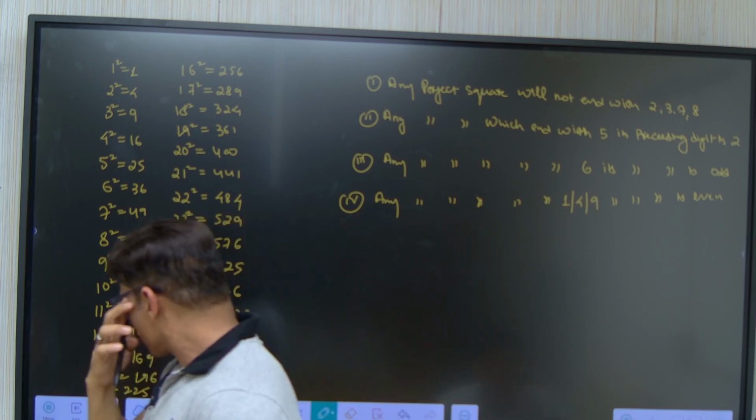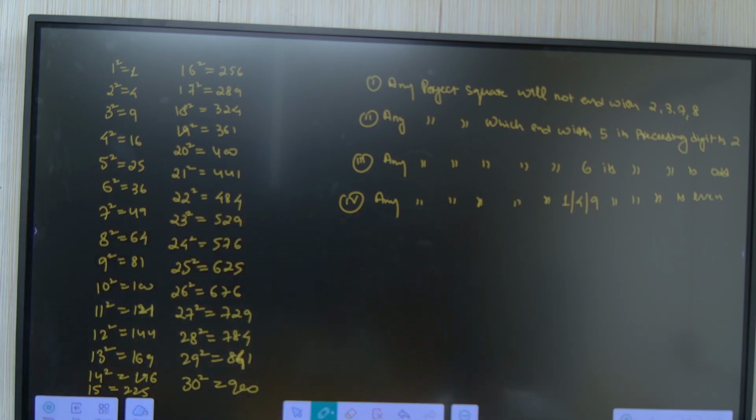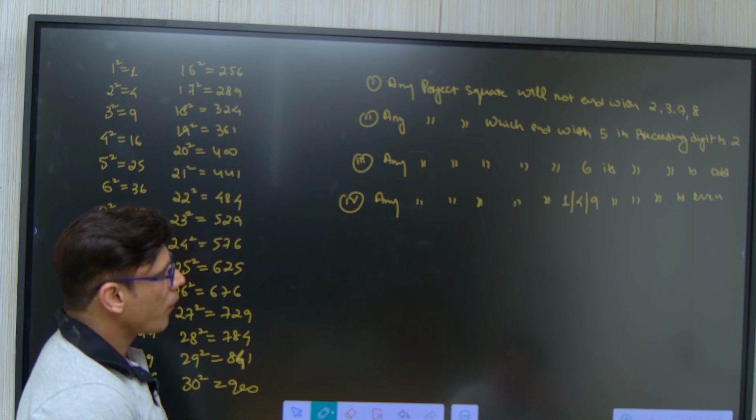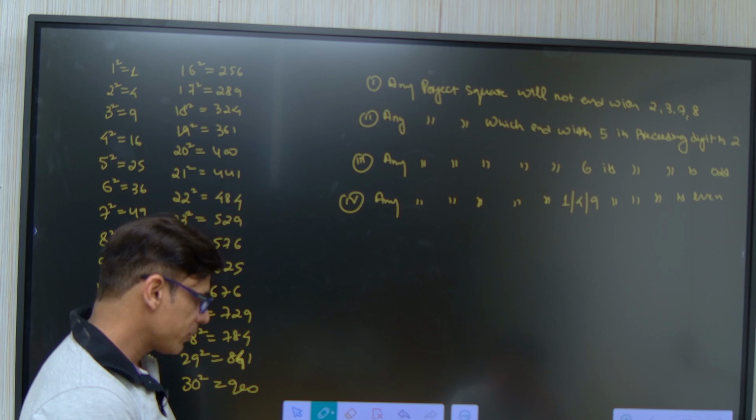So if a perfect square is ending with either 1 or 4 or 9, the preceding digit must be an even number. Right? These properties will help you.